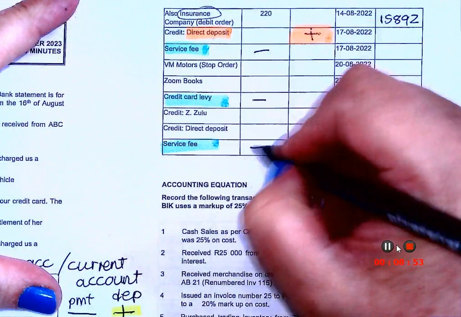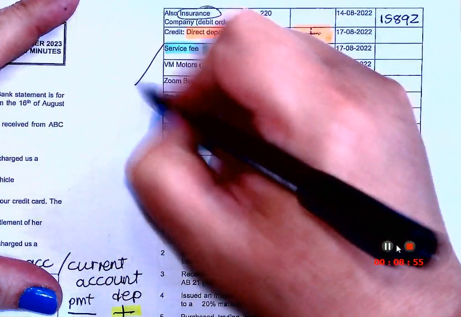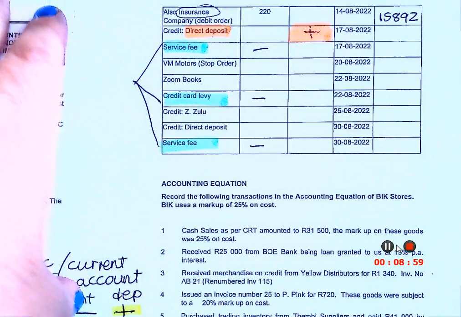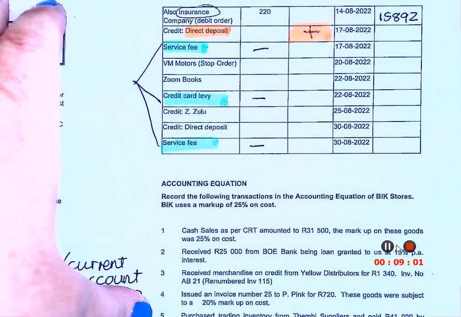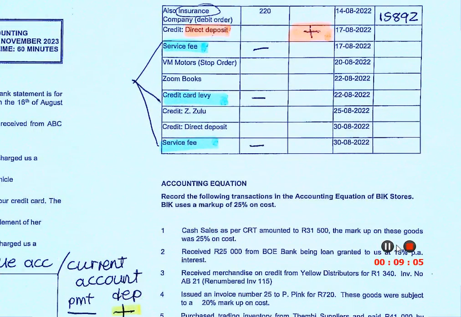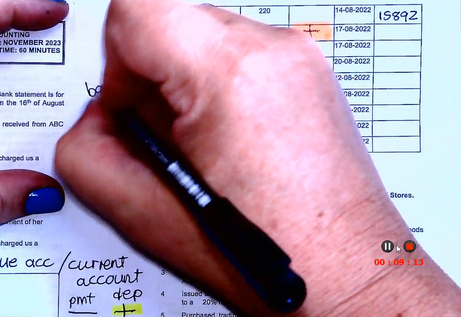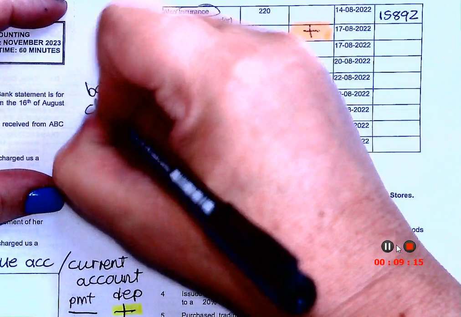Yes. But those ones, I will not write the words credit card levy. What am I going to write? What is the magic word for things like service fees, credit card levies, deposit fees? Yes, well done. Bank charges. I'm going to add them together and say it's bank charges.